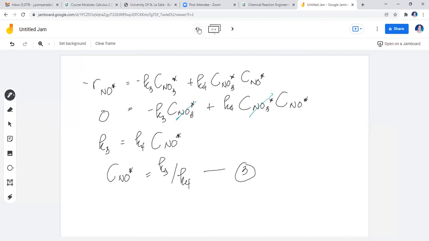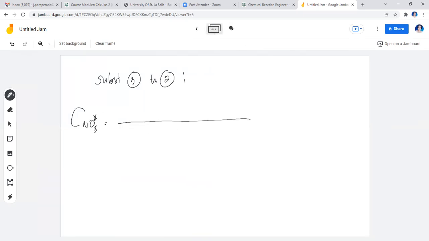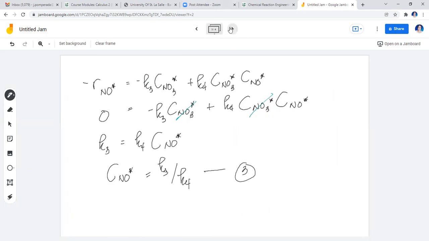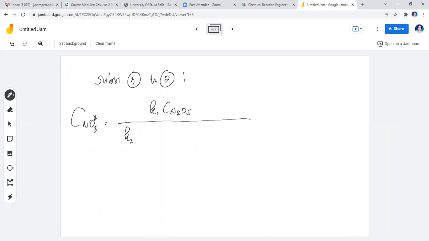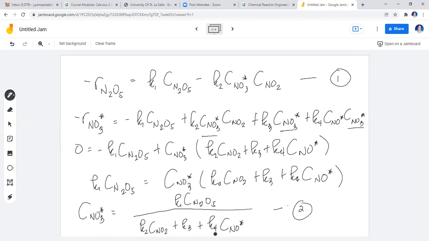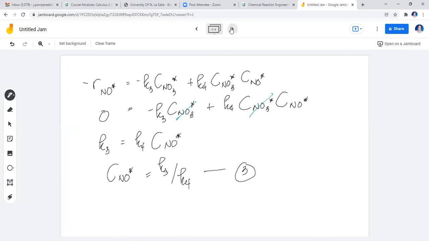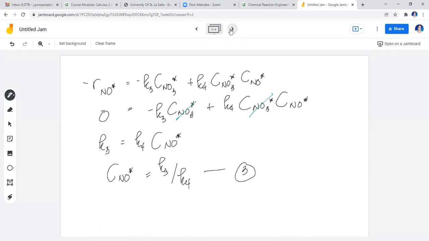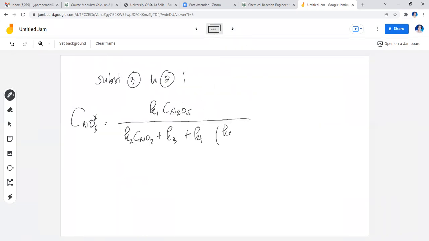So K1 C N2O5, and our denominator is K2 C NO2 plus K3, and then K4 C NO plus K4, and NO will be this K3 over K4.